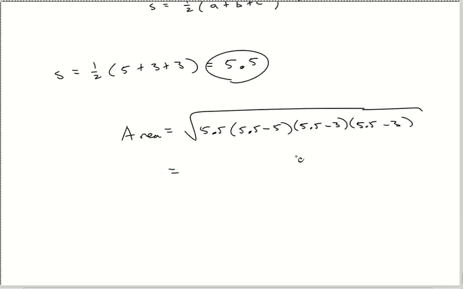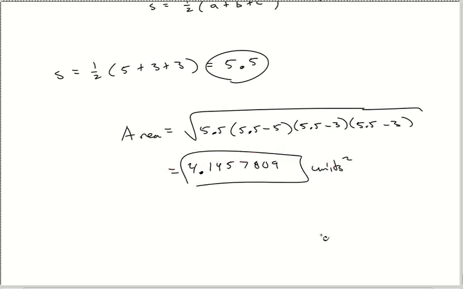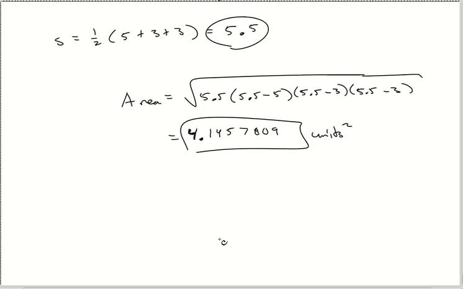Put this all at once in the calculator, and I got 4.1457809. That's units squared. It's an area. And there you go. Pretty cool. I really like Heron's. It's a good one.